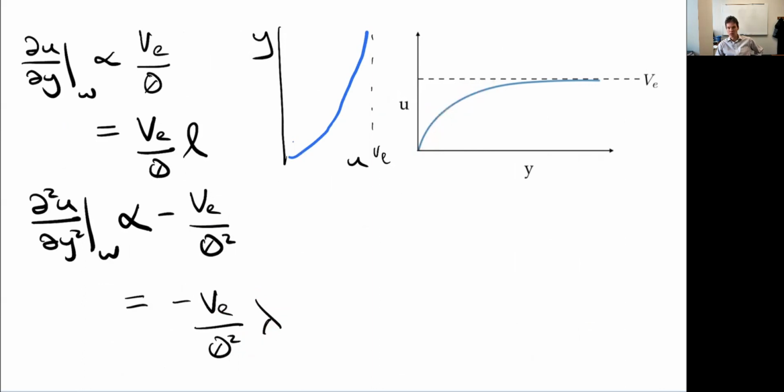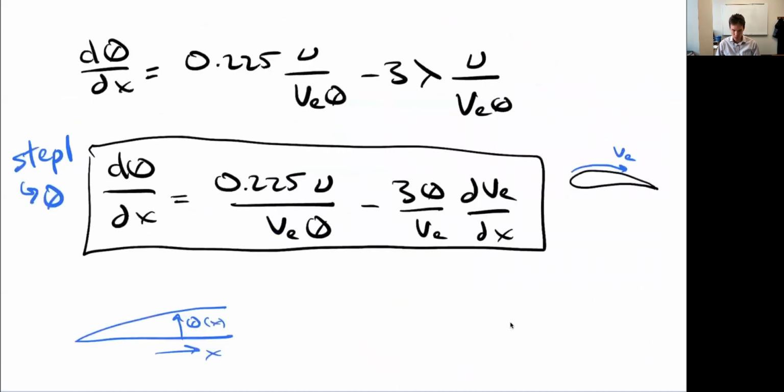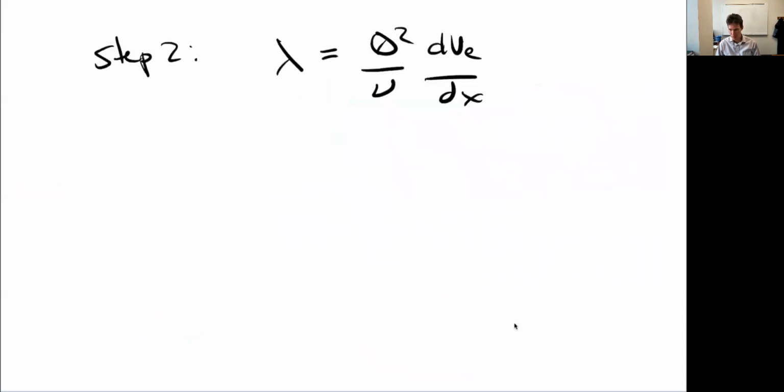It's fuller towards the wall. The opposite is true. As lambda becomes negative, that means we're getting a positive curvature and we're approaching separation, or potentially transition. So that'll be an indication of separation or transition, as we'll see. That's just something to keep in mind for right now: lambda will be an important parameter for that. And if it becomes too negative, then we're going to predict separation, or for our purposes, we'll predict transition.